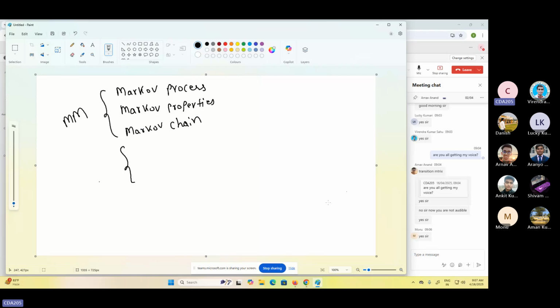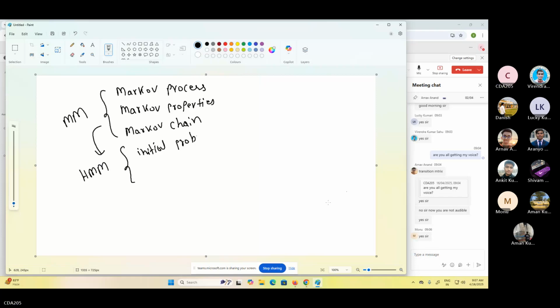Then in the hidden Markov model, HMM, which is based on the Markov model, we saw the initial probability, then the conditional probability, then the joint probability.